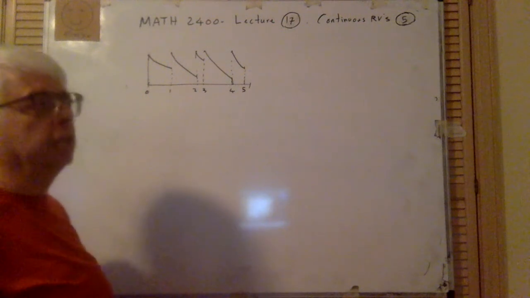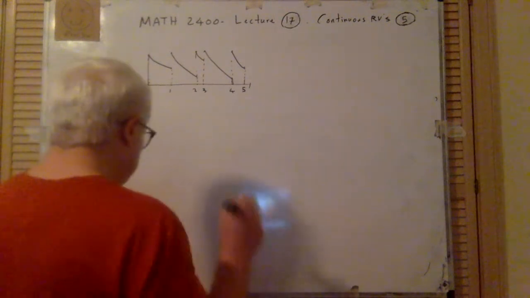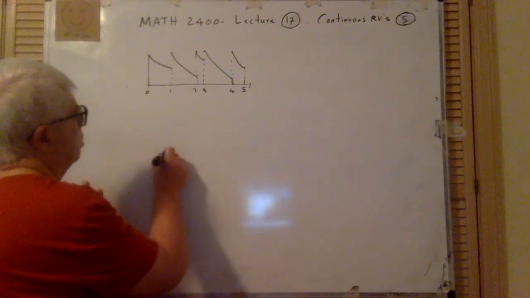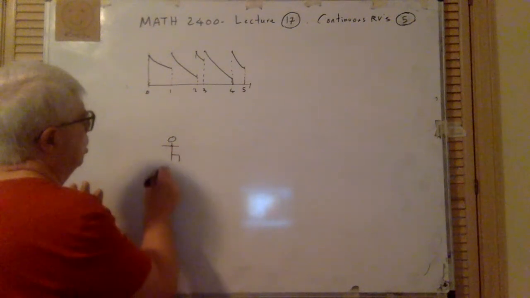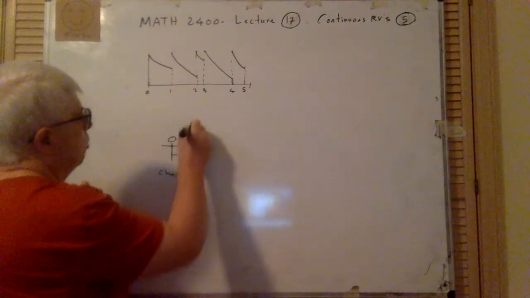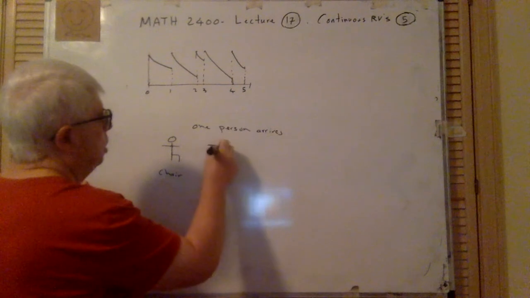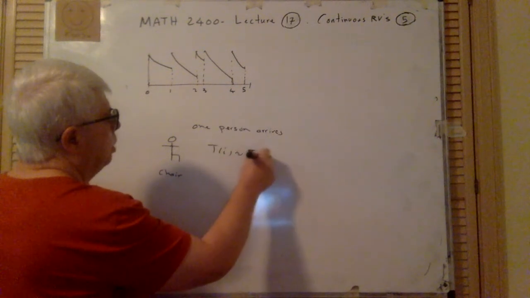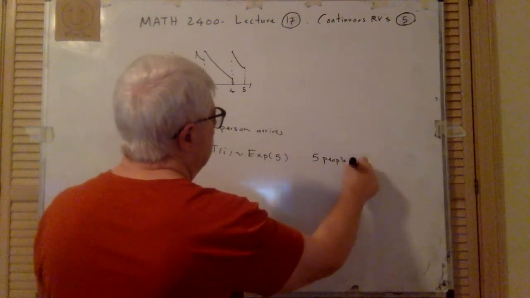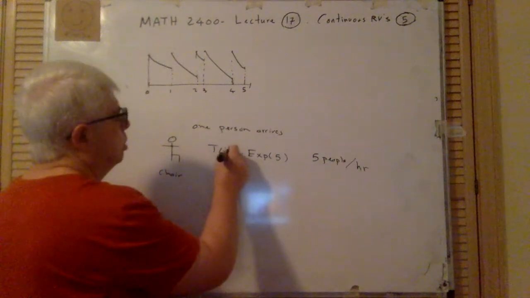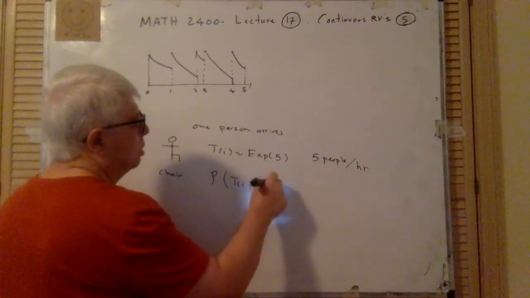So I am sitting here on a chair, and one person arrives. And I know that Ti satisfies, say, exp 5, that is 5 people per hour. Now I can ask this question: what is the probability that this T is bigger than 2 minutes?